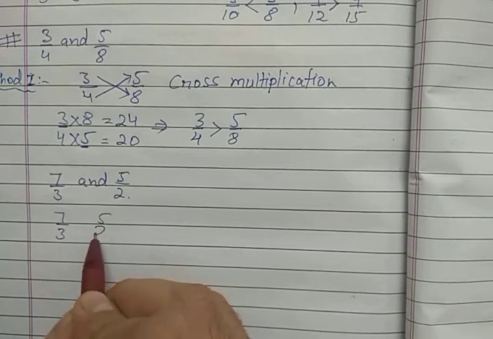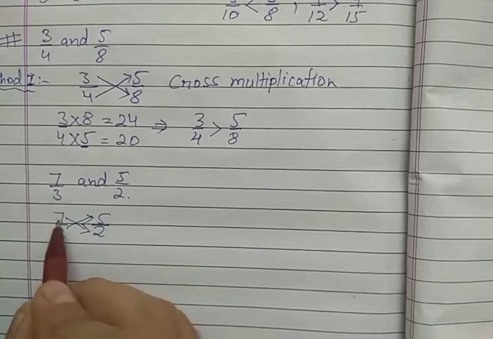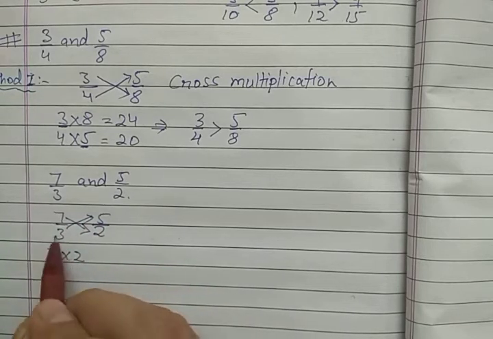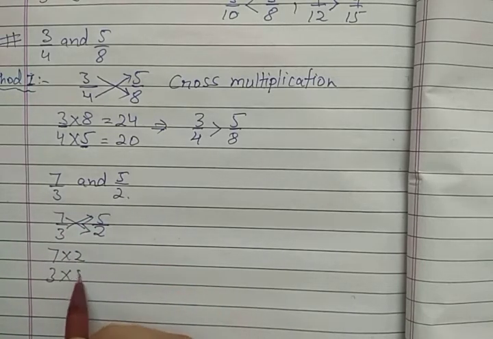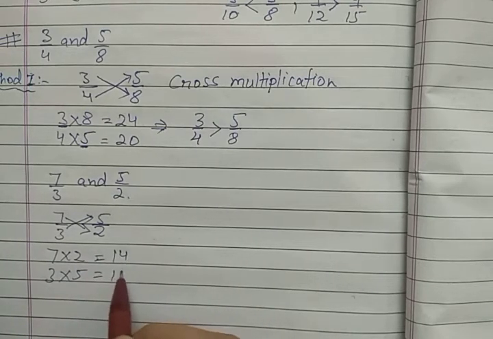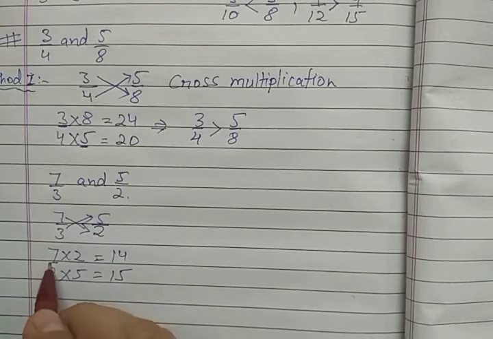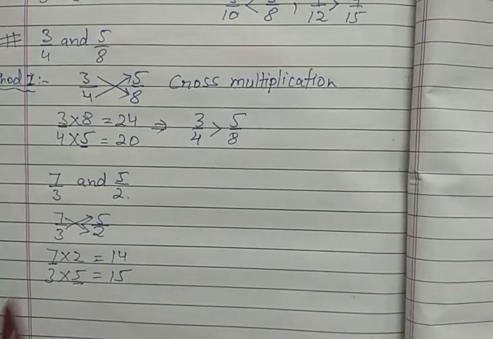So 7 multiplied by 2 and 3 multiplied by 5. So 7 2s are 14 and 3 5s are 15. We have to see the numerators: 7 here, and in this case 5 is the numerator. Which one is greater, 14 or 15? 15 is greater, and here the numerator is 5.